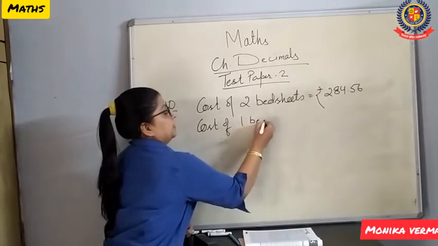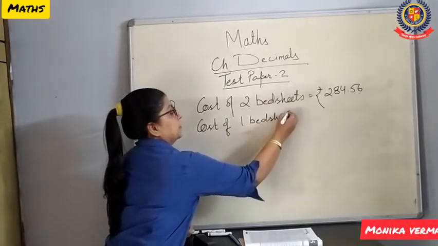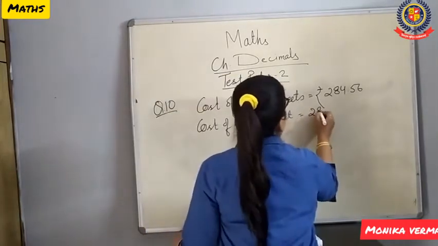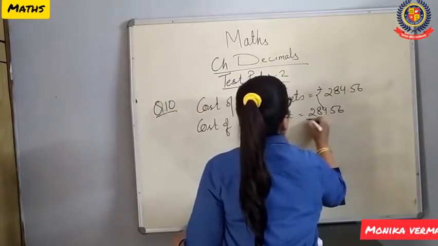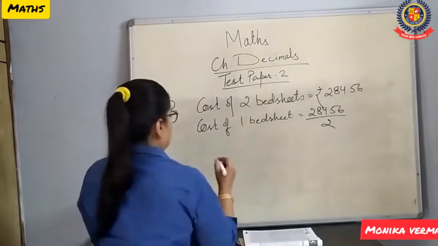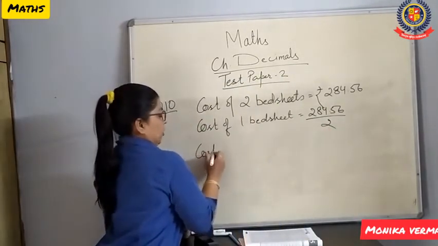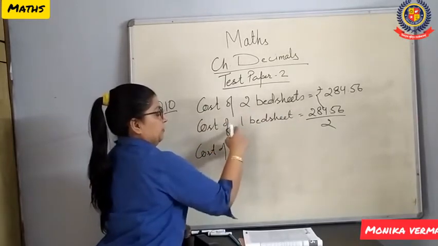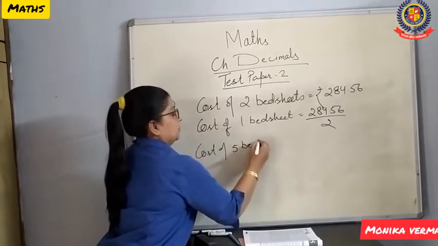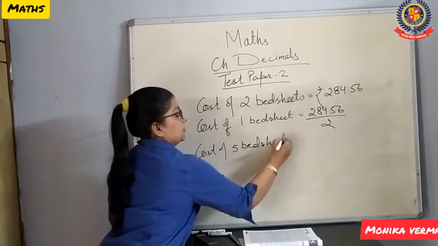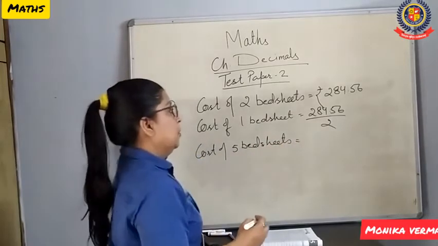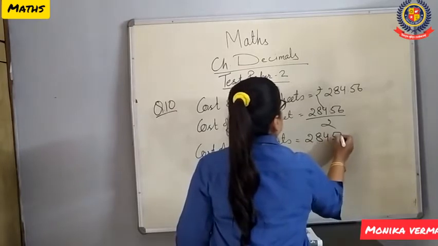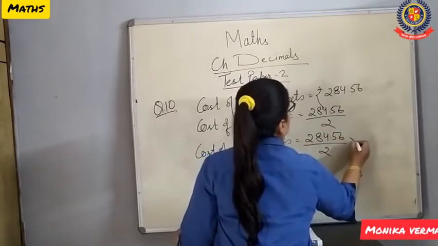Cost of 1 bed sheet is equal to 284.56 upon 2. Then cost of 5 bed sheets: more to 1 is division, 1 to more is multiplication. 284.56 upon 2 into 5.